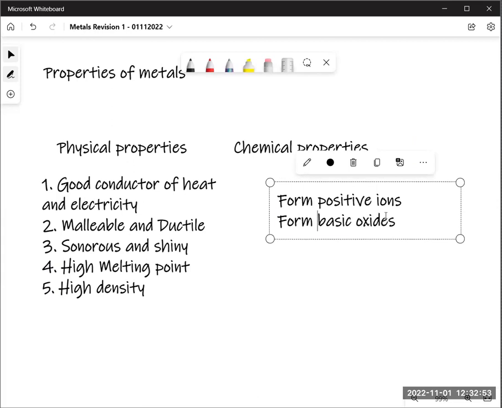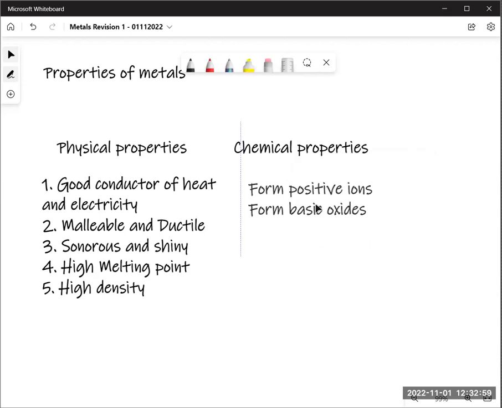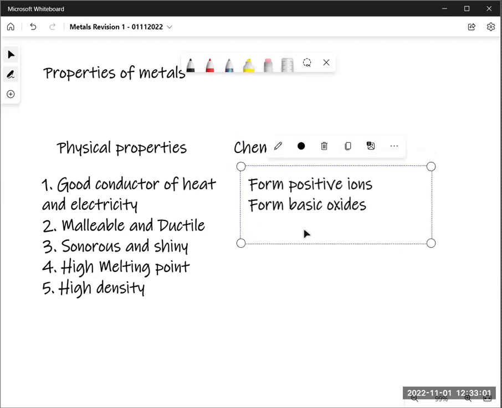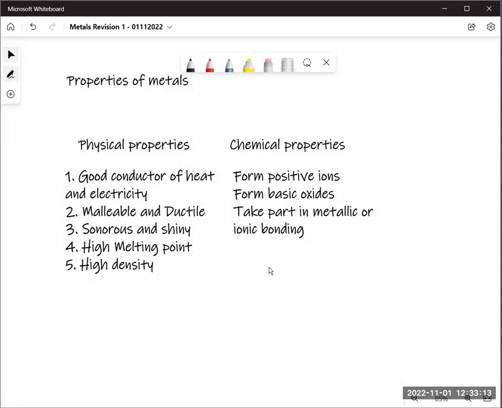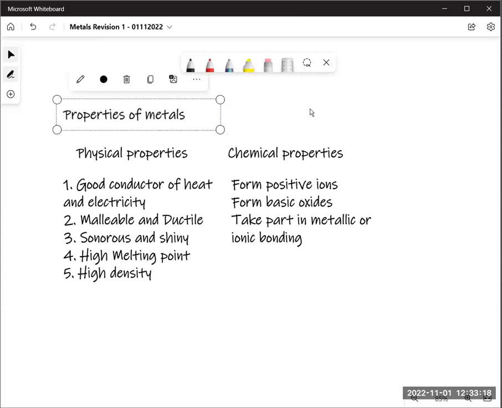That is, they form basic oxides and take part in metallic or ionic bonding. Now finish writing quickly and then we'll continue.